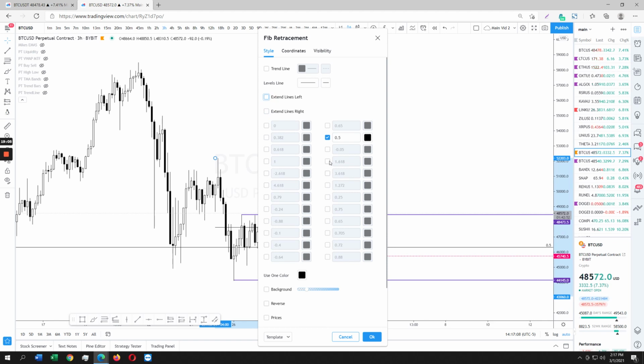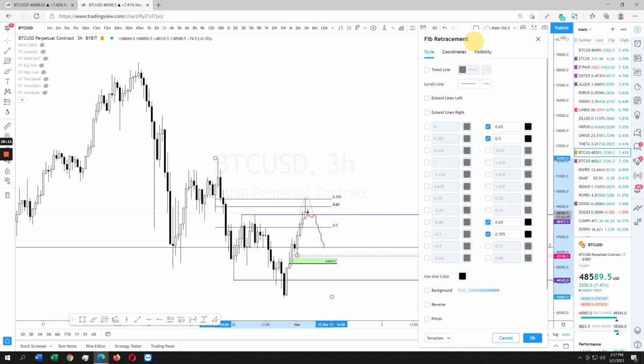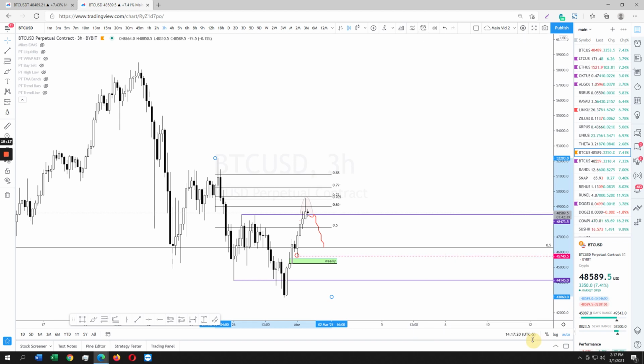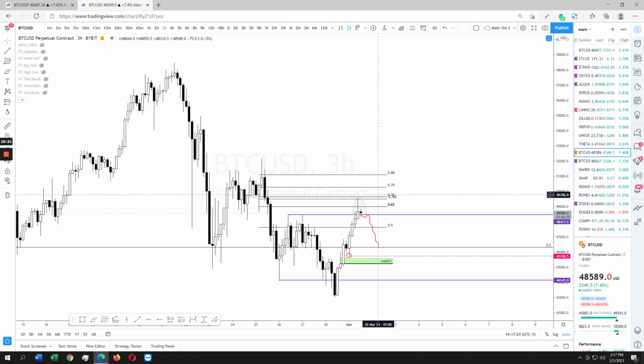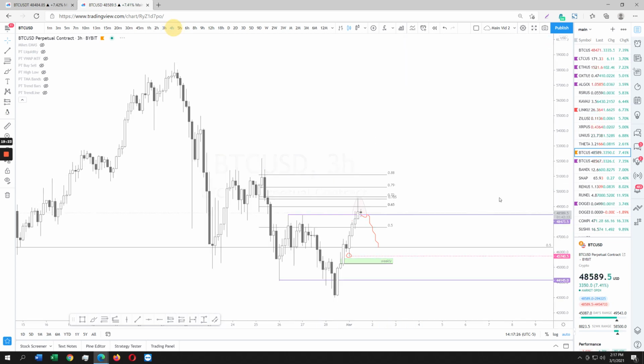I'll give you an update on where I think price is going once we top out. Let me just see. I've got to fix these fibs, boy. These anger me. So 4 hours, see how the 4 hour looks.